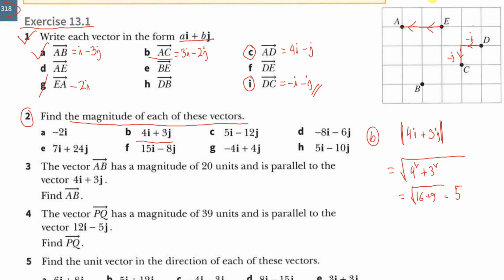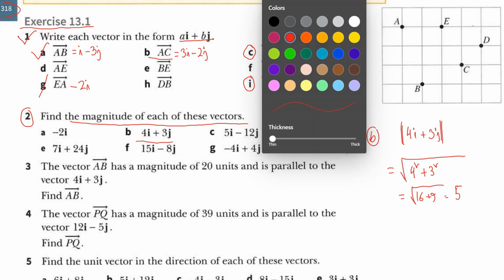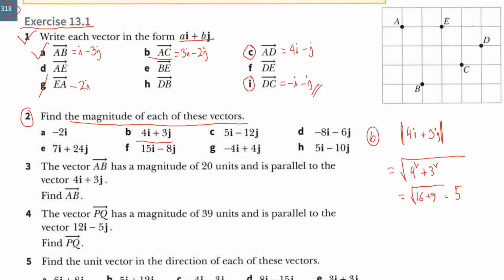If I use the previous diagram, extremely sorry, let me draw the diagram from here. Let me draw it. Say I'm going to mark it with the blue color right now. 4i plus 3j. Say we are going to start from point B. 4i means it goes 1, 2, 3, 4 to the right side.